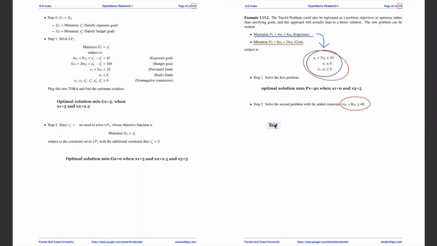To answer the question, the optimal solution would be a minimum cost of $96 thousand, making sure it's in thousands, when we have 6 minutes of radio and 2 minutes of TV, and we are still reaching 40 million people.